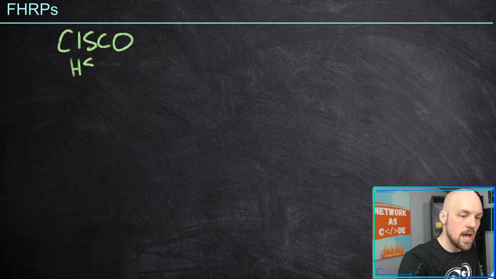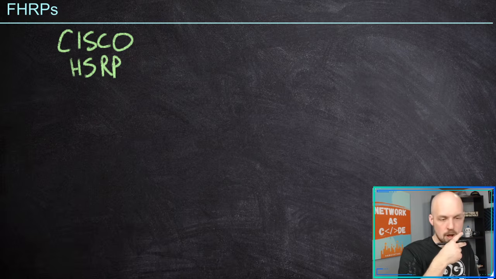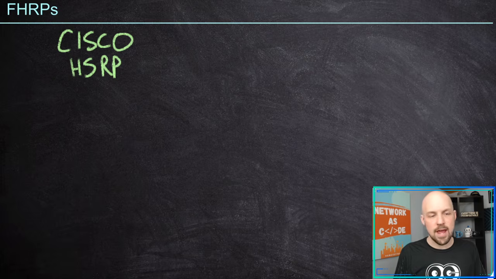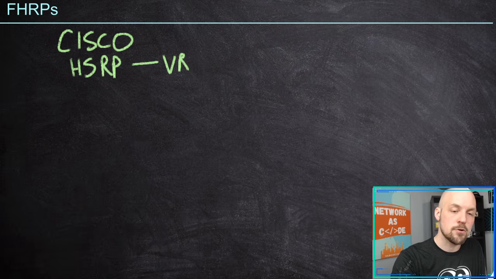So in our case, Cisco invented the Hot Standby Router Protocol, HSRP. And the Hot Standby Router Protocol worked great, only on Cisco devices, because it was a Cisco-only solution. And then the industry wrapped its arms around the idea of the Virtual Router Redundancy Protocol.